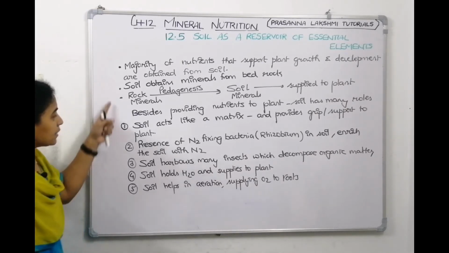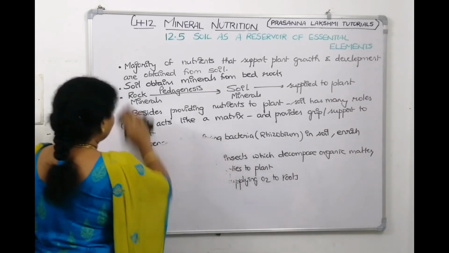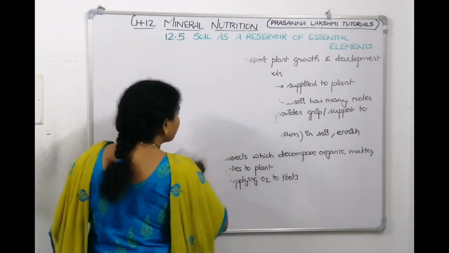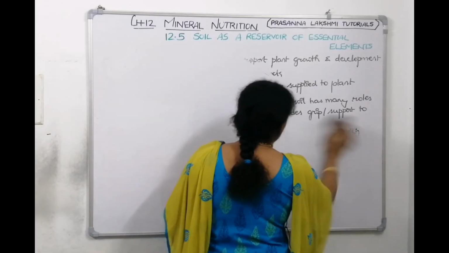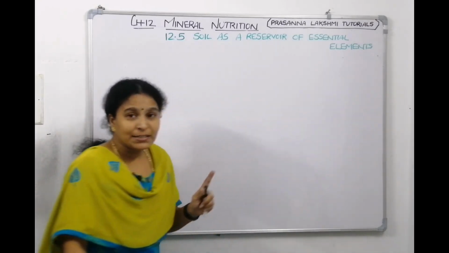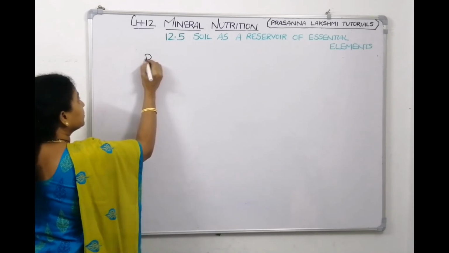Right, children, so we discussed all the roles of soil which helps the plant to grow and develop. Now, since soil is providing all the minerals to the plant, there will be a deficit, right? So, deficiency of essential elements in the soil will affect the crop yield.